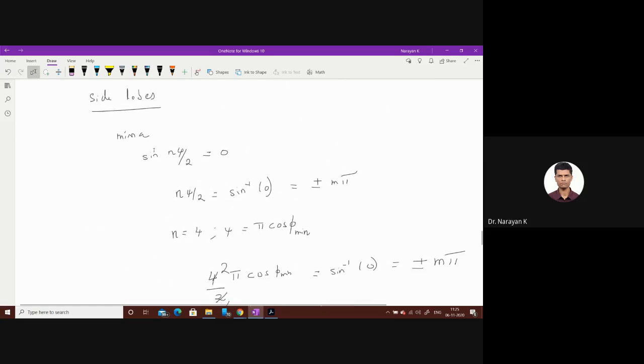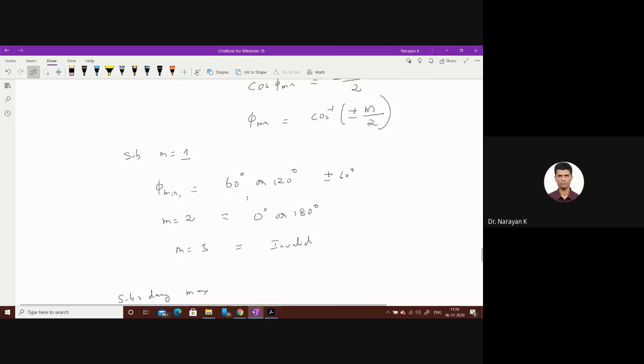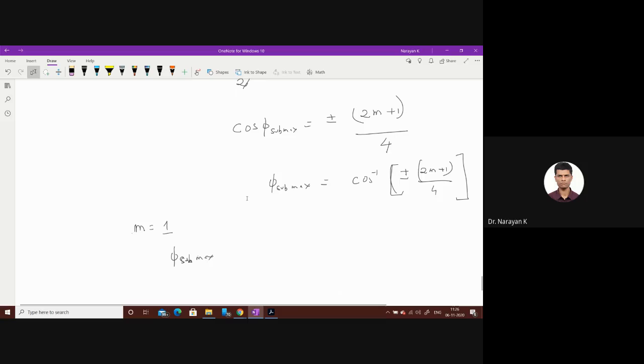Whenever sin(n psi/2) is equal to 0, that is your minimum direction for the side lobes. sin(n psi/2) equal to 1 is your maximum direction for the side lobes. But psi equal to 0 is your maximum direction for the major lobe. Please remember that. Clear? All of you clear? Yes, sir.